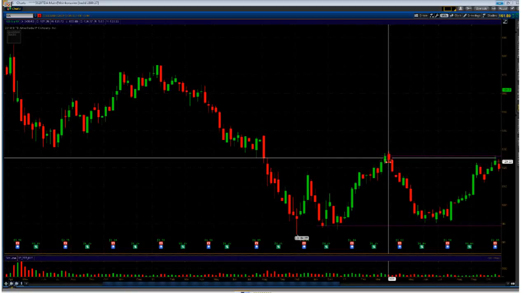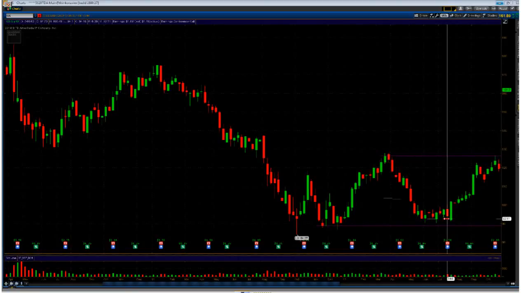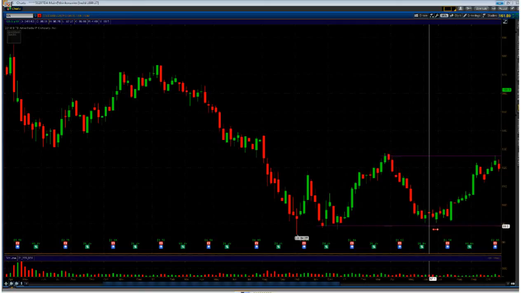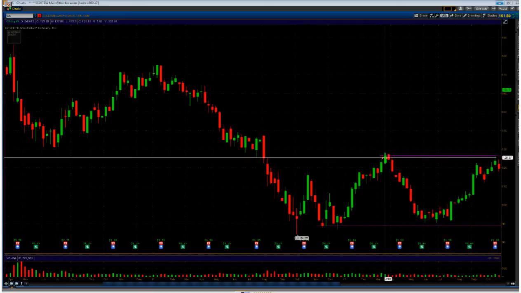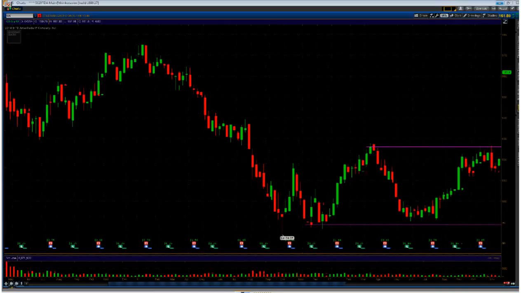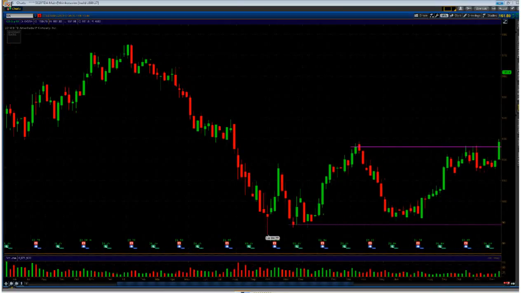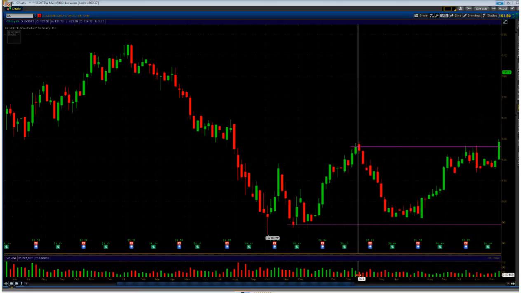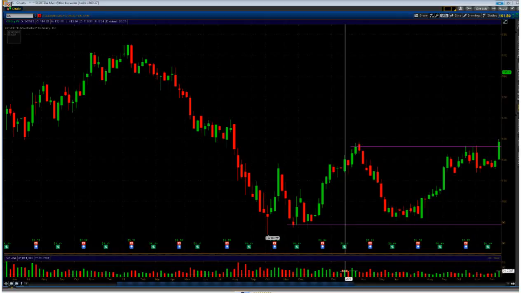So at that point in time, you do have risk potential greater than a target, because your target would be that prior high. If it breaks, that you would look at another buy.